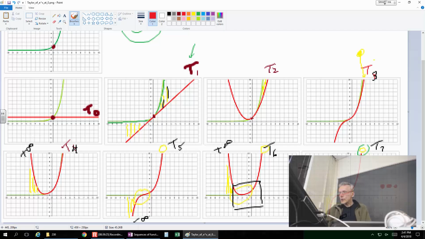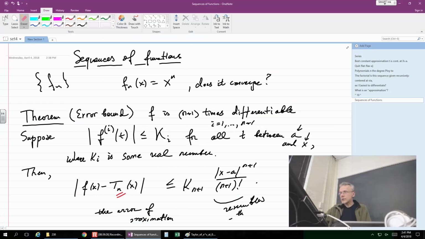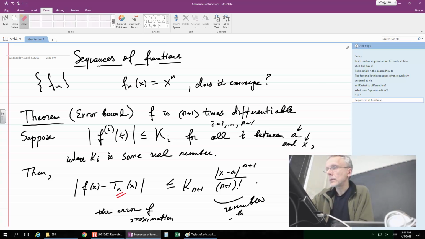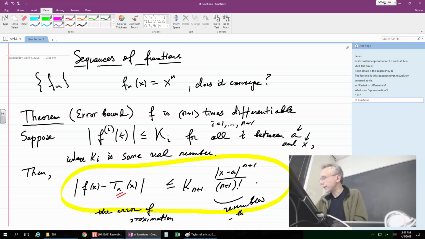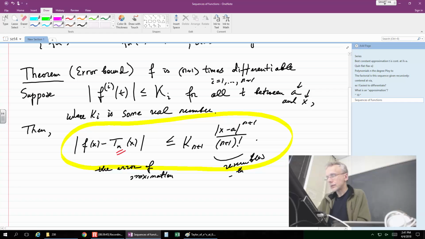Okay, and then let's look at the inequality one more time. This inequality. And let's ask ourselves what happens if we fix a value of x.